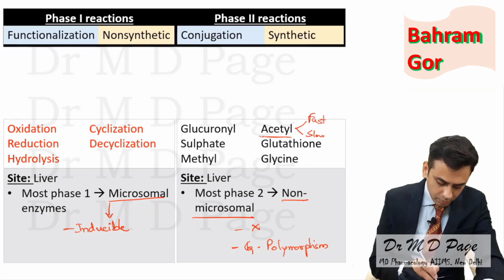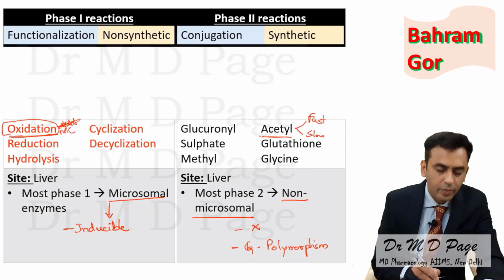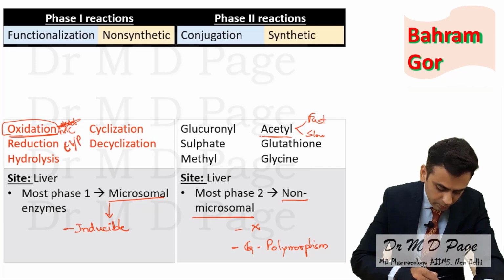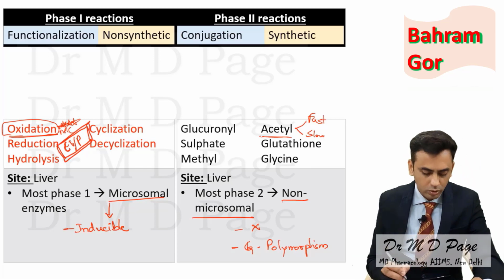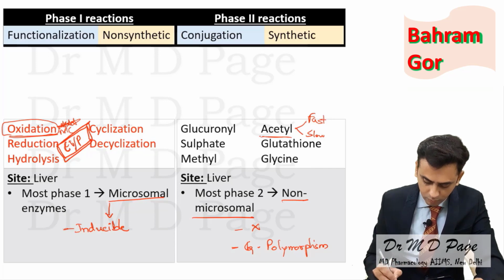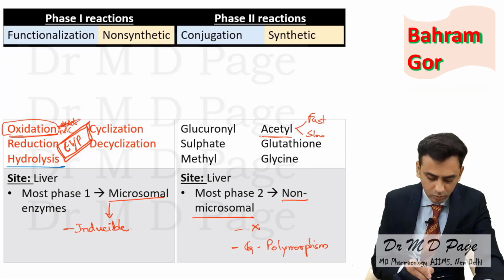And the most important phase 1 reaction is oxidation. It is also the most common, and most phase 1 reactions are mediated by cytochrome P450 enzymes, except for hydrolysis, which occurs in the non-microsomal fraction.